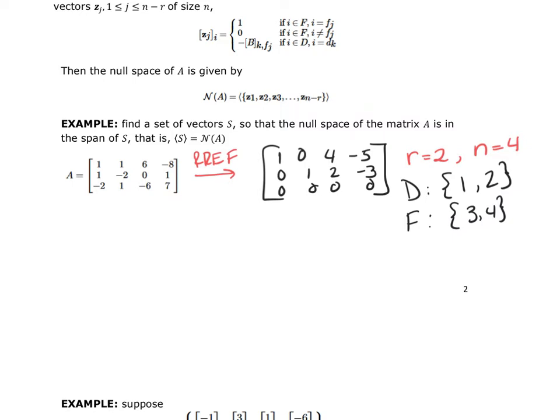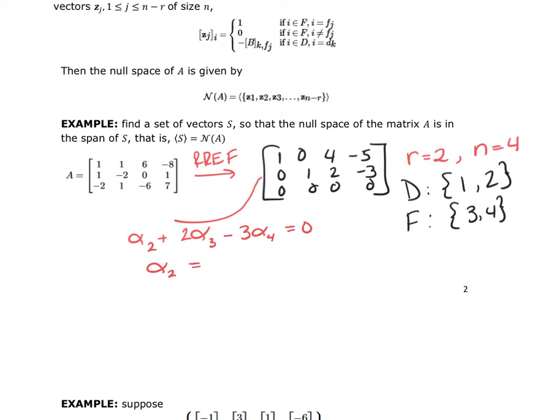We know from this row right here that alpha sub 2 plus 2 alpha sub 3 minus 3 alpha sub 4 is equal to 0.